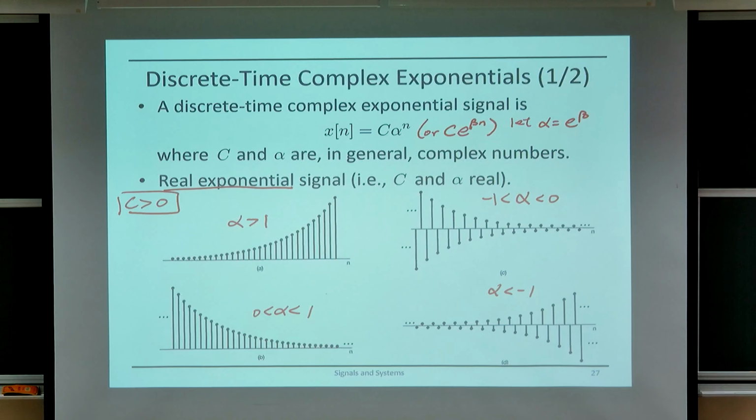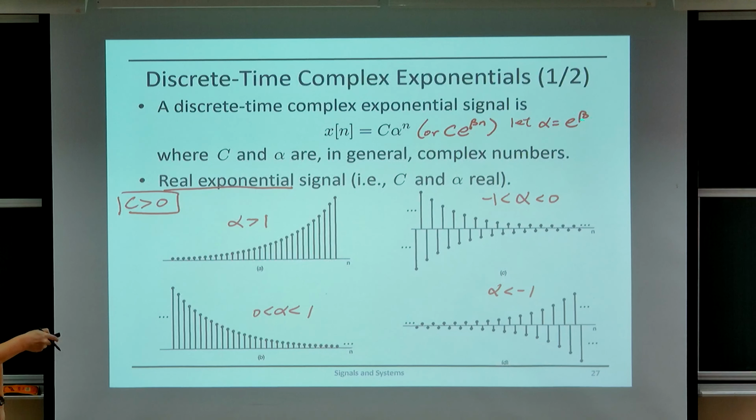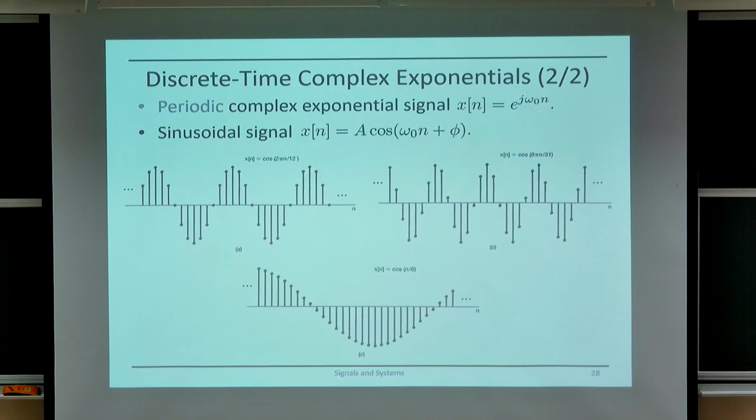Now, similar to before, we can also consider the case where we pick the exponent to be purely imaginary. You can look at this as choosing beta to be purely imaginary, or that you're choosing alpha to be an exponential with an imaginary exponent.